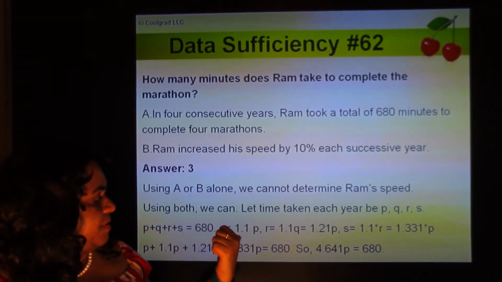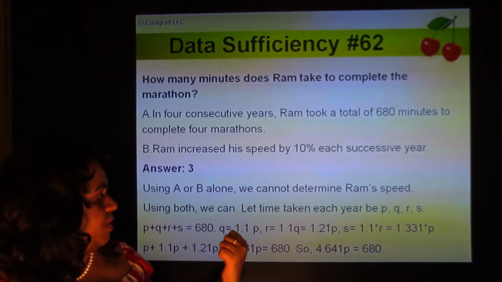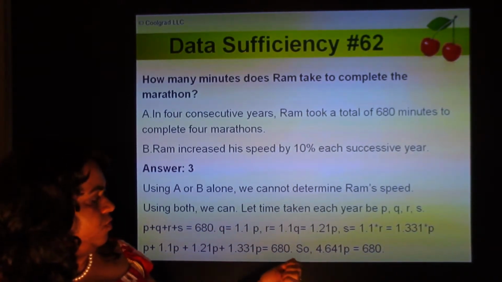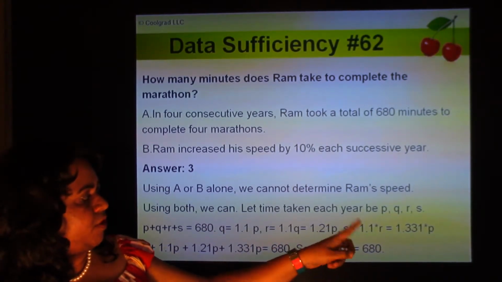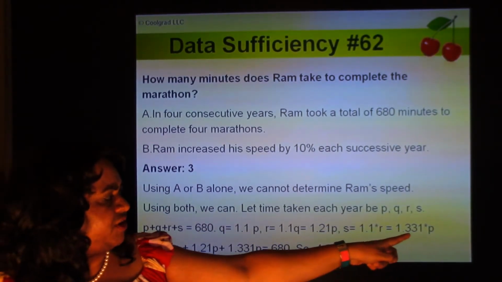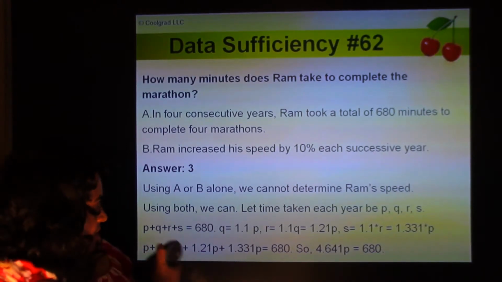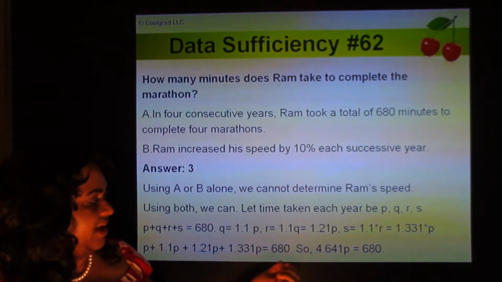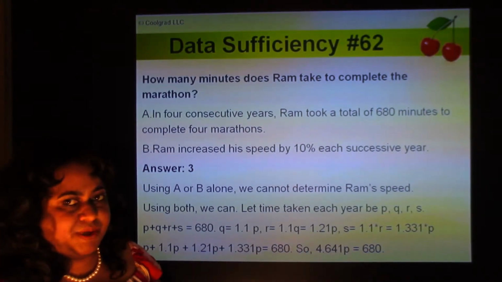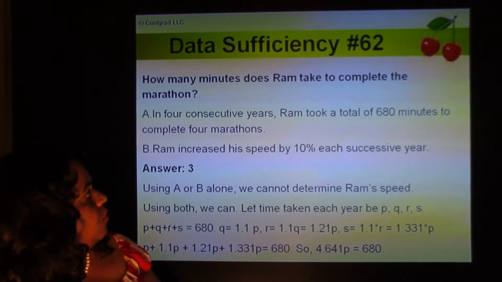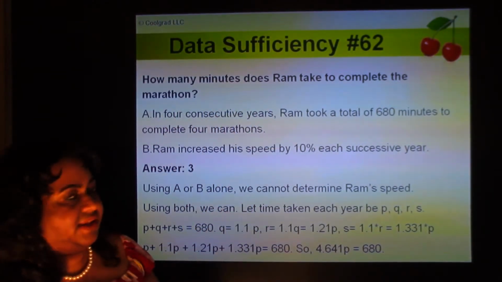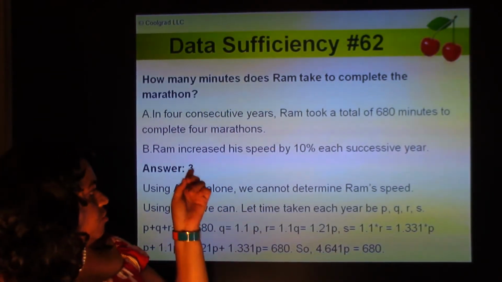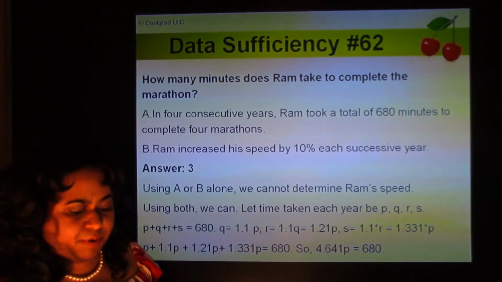Q is 10% more than P, so Q is 1.1P, R is 1.1Q, that is, 1.21P. S is 1.1 times R, which is 1.331P. So if you plug in these values, you get 680, and if you solve for it, you get the value of P, the speed in the first year. So we know how many minutes he took in each of these years. So using both the statements together, we can solve this problem.